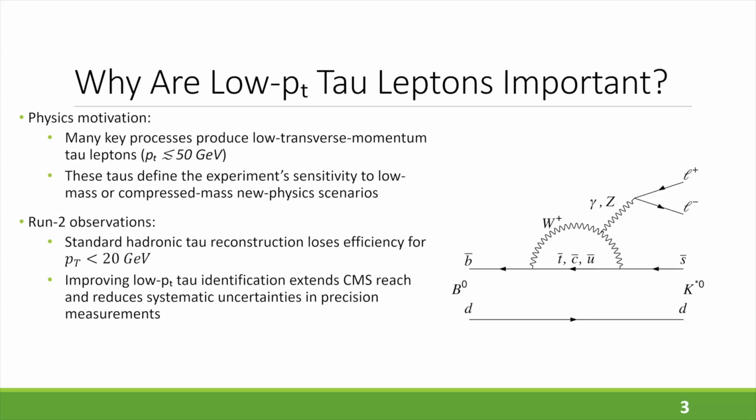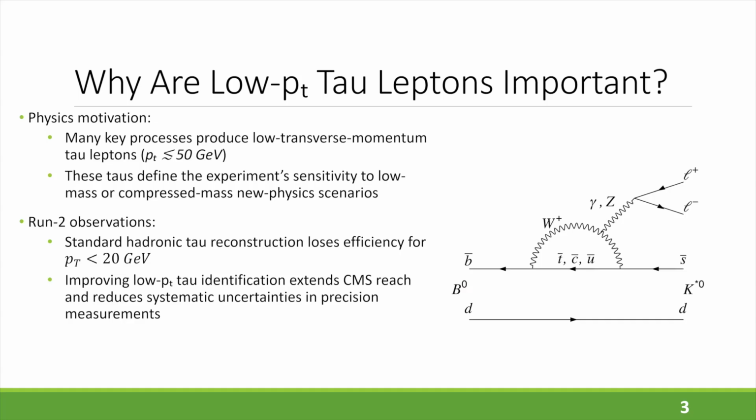Why are low momentum tau leptons important for us? First of all, there is the physics motivation. We have a lot of key processes with low momentum tau leptons under 50 GeV. Also, with these taus we may study a lot of new physics with low mass and compressed mass spectra.